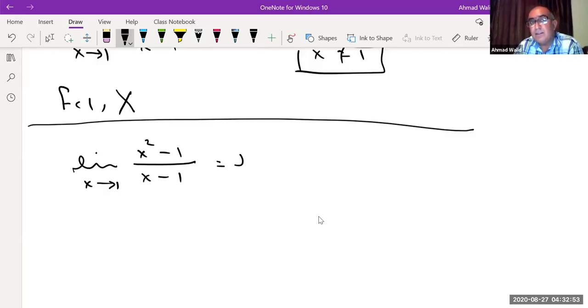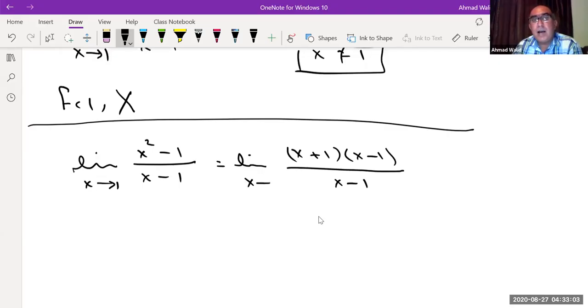Then let's factor. The limit of x plus 1 times x minus 1 over x minus 1 as x approaches 1. Here, x minus 1 cancels out with x minus 1. Now, the limit of x plus 1 as x approaches 1.